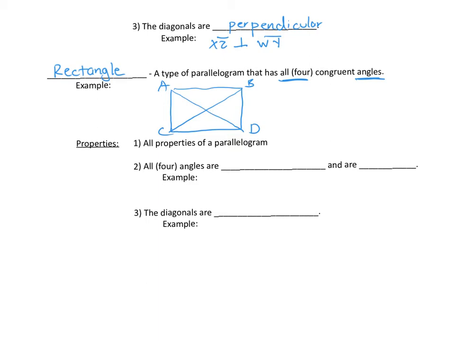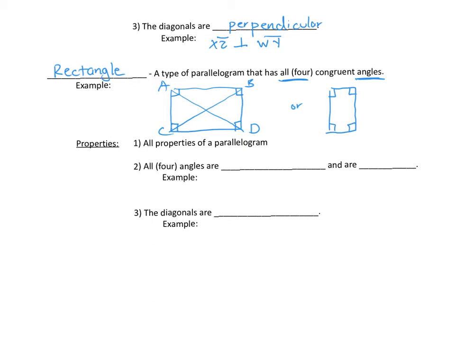The opposite sides do. But here, all the angles are congruent, and they have to be 90 degrees. So that either looks like this or this.